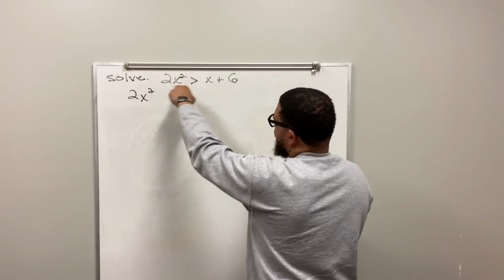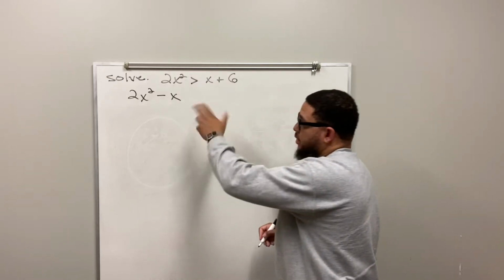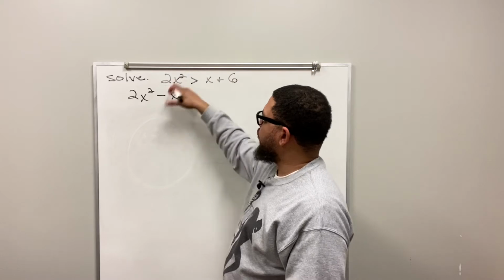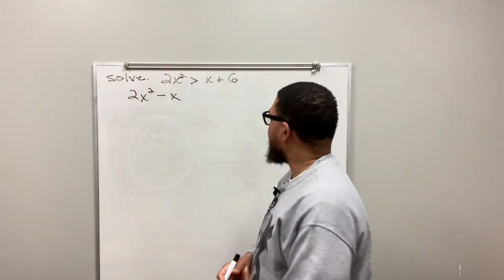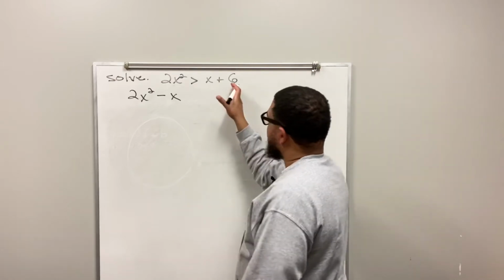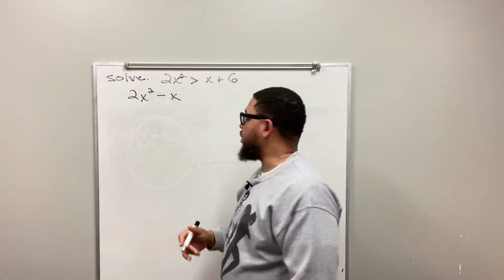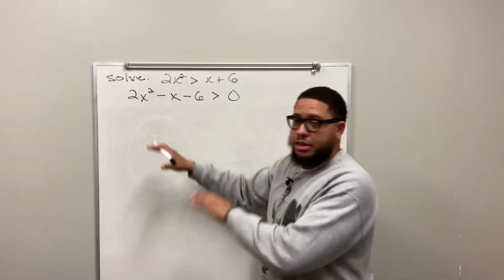The x is going to move over, so that's going to become minus x, because when it switches sides, the sign changes. Transposing this and moving it over is the same thing as doing minus x on that side. I'm going to do the same thing with the 6. This is a positive 6 on the right side. When I move it over, it's going to become a negative 6. All right, so now this is in standard form.